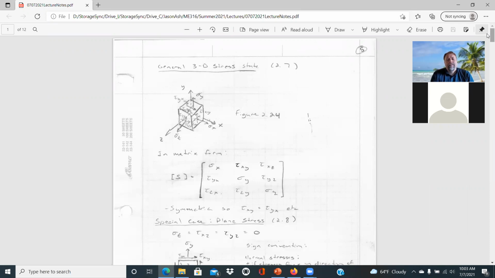A lot of this discussion on failure theories relates back to what you learned in ME 216, with stress and strain being a tensor. You have a 3D state of stress, and you're looking for critical states of stress on other planes within that object, and using those critical stresses to determine when failure is going to occur.